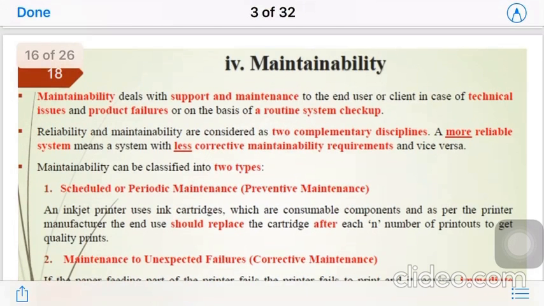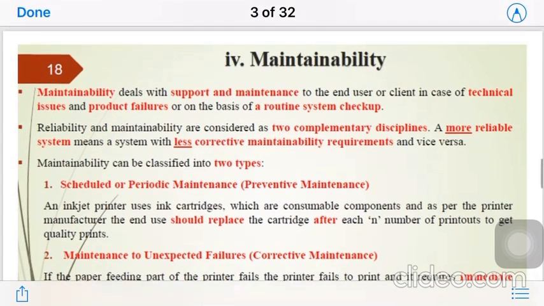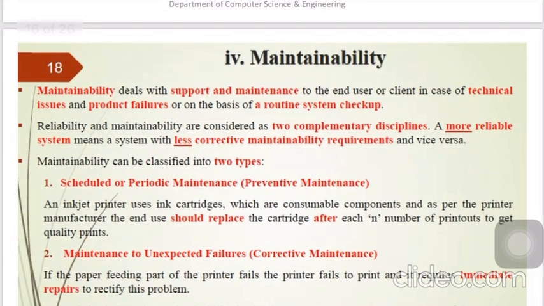Because if the system is more reliable, it is not having failures or giving problems, so there is no need for maintenance. Yes or no? Simply take the example of your bikes. You go for servicing because maintenance is required for those bikes after some particular time. Yes or no?